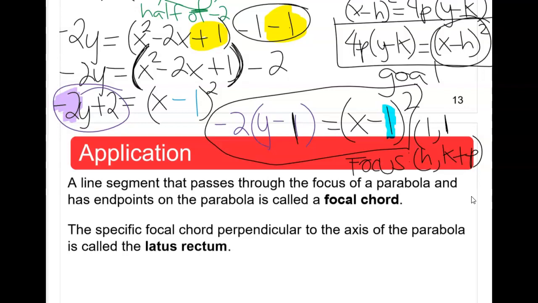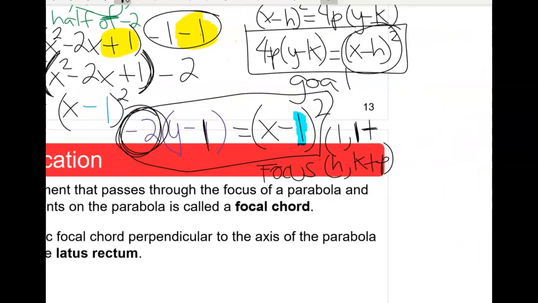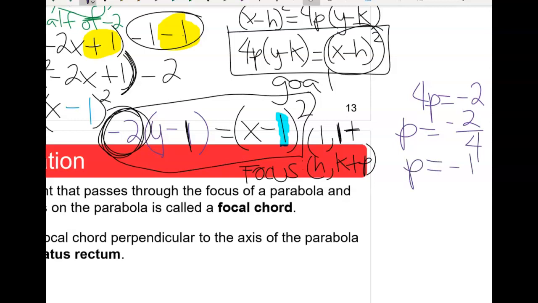And then to find the value of p, we have to consider that this constant -2 is representing 4p. I don't have any room, so I'm going to have to shift this. So if we want to solve for it, it's going to be -2 divided by 4, which is -1/2.